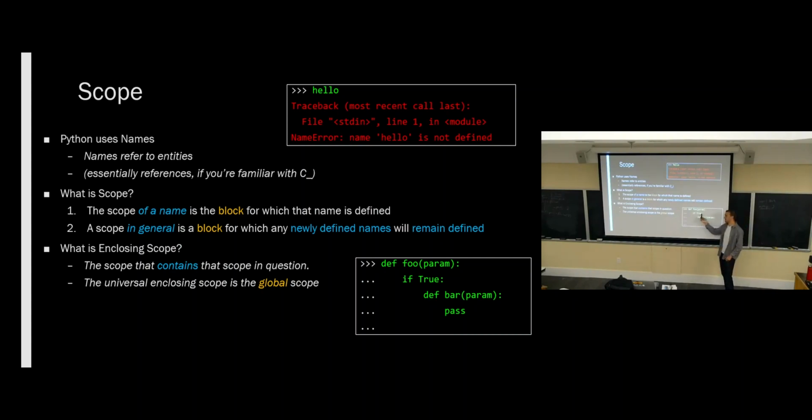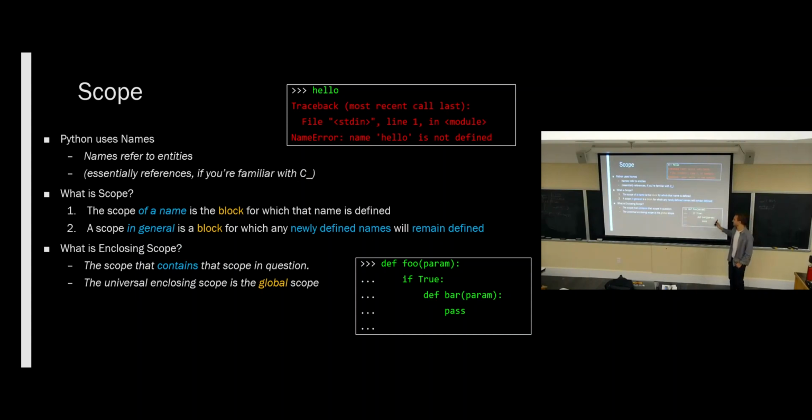If you define a name inside of this if statement, it'll actually be defined outside of the if statement too, which is very different from C, C++, and Java. If statements don't create their own scope. They live in the scope that they were defined in. So the enclosing scope of this if statement is actually the global scope, because its scope is the same as foo's scope, and foo's enclosing scope is the global scope, because it was defined globally.